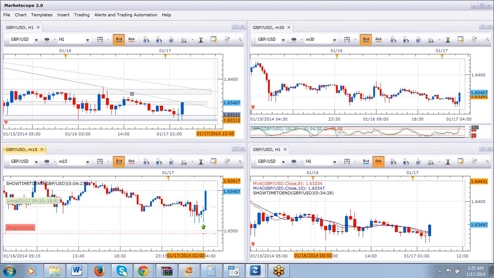And it's not bad. There is currently 18 pips. Right, so it's reached one level. What I'm going to do is close one target point just to take some profit along the way.